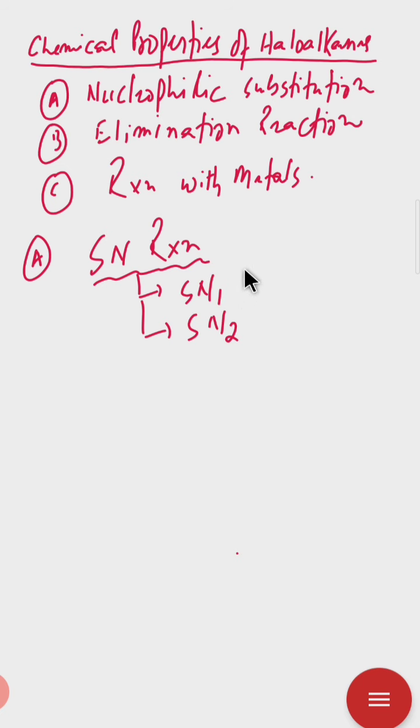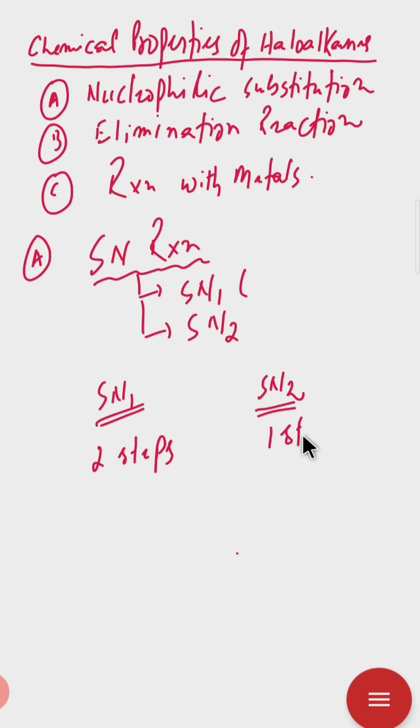In SN1, we need to check whether the carbocation is stable or not. SN1 takes place in two steps and SN2 takes place in one step, a single step reaction.